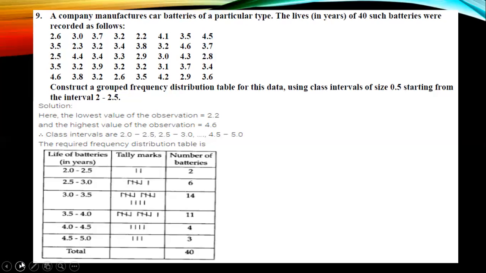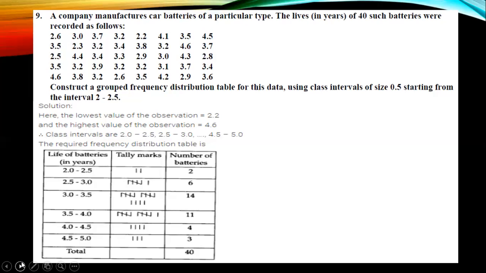My dear students, I hope now we have understood all the 9 solutions to the questions of exercise 14.2. All that we did was make a frequency distribution table, or say the grouped frequency distribution table, with the class intervals or the class sizes as mentioned in the question.